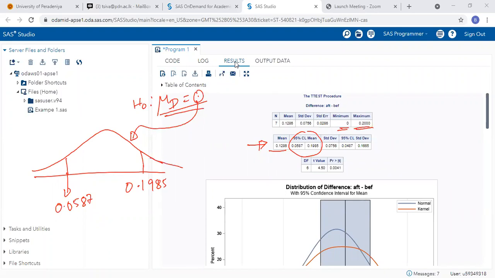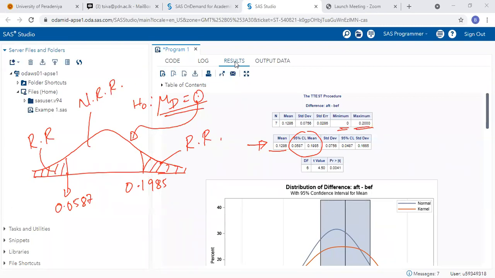This is the rejecting region on both sides, right? I have already taught you the rejecting region in your first course. These are rejecting regions. This is the non-rejecting region.